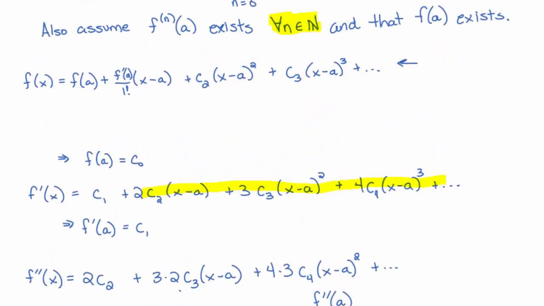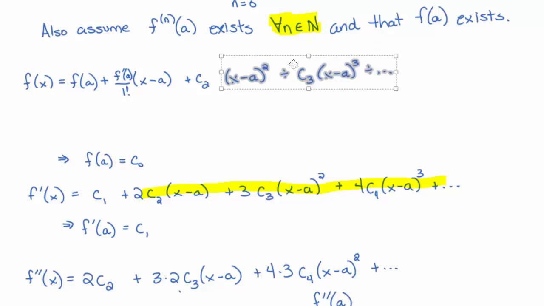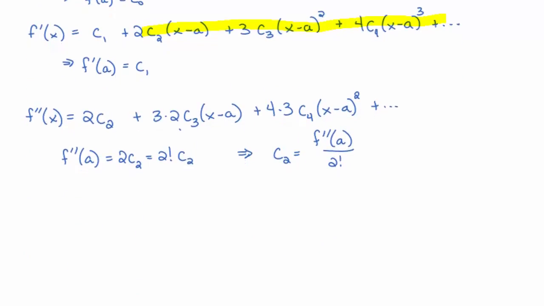And so all the way back up to the original function here, let me grab that function, make some space here so that I can write it properly. I'll just scoot that over slightly. Okay, and I know that c2 is going to be replaced with f double prime at a over 2 factorial. Now you can probably see the pattern, but I'm just going to do the last one here real quickly.